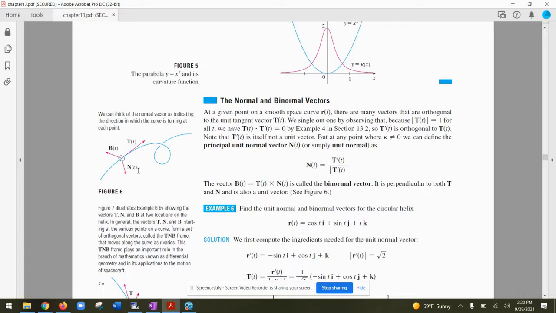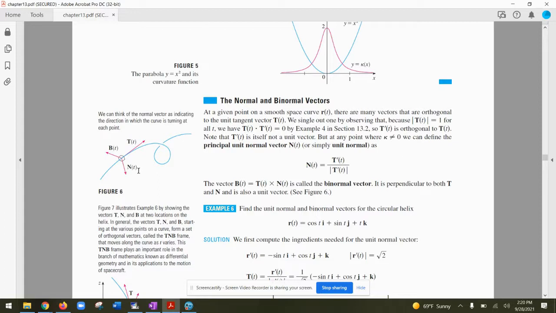So then it says, we single out one by observing that because the magnitude of big T is 1 for all t, we have T dot T prime equals 0, by example 4 in section 13.2. I did that example with you guys. That's the one where we showed that when something has a constant length, it and its derivative are orthogonal.